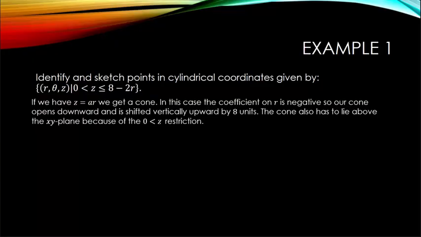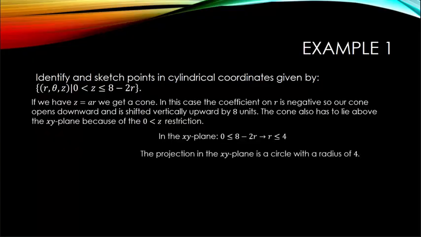But in this case, my coefficient on r is negative, so the cone here opens downward, and the 8 shifts my cone up vertically by 8 units. The cone also has to lie above the xy plane because of the restriction that 0 is less than z. So in my xy plane, I have 0 is less than or equal to 8 minus 2r, which gives me r is less than or equal to 4.